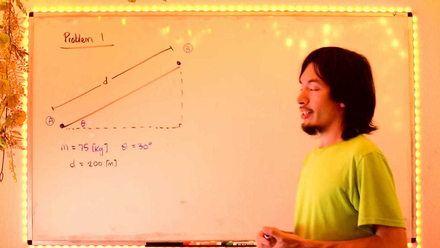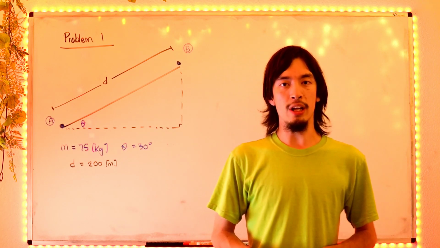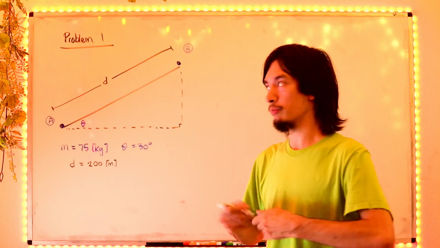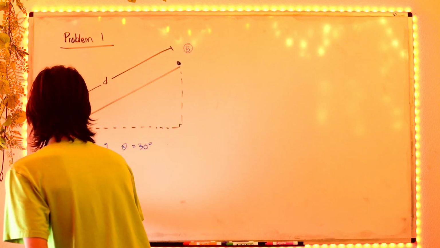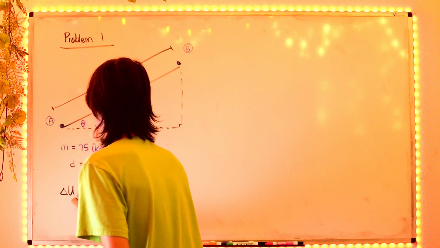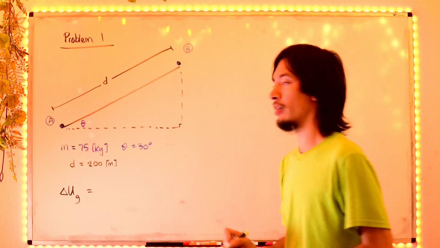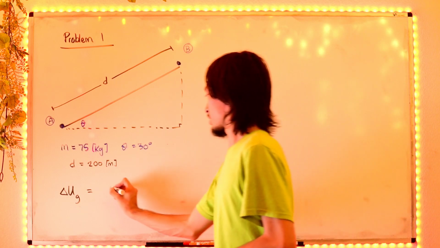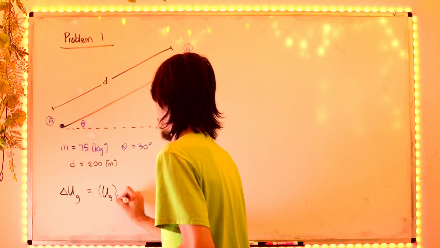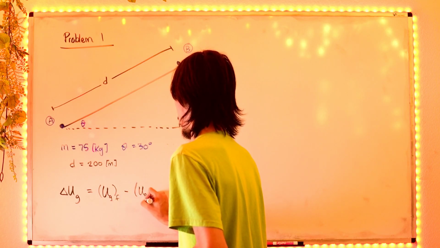Okay. So we need to calculate the change in the gravitational potential energy. We can first take a look at if we can calculate that directly by writing the change in gravitational potential energy, delta U G, equals the gravitational potential energy final minus the gravitational potential energy initial.